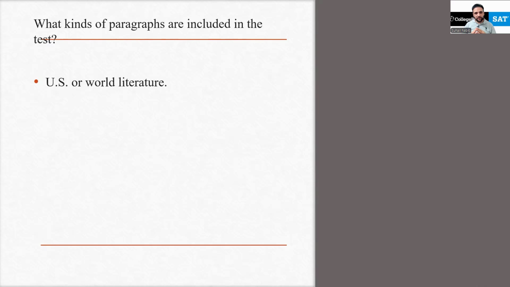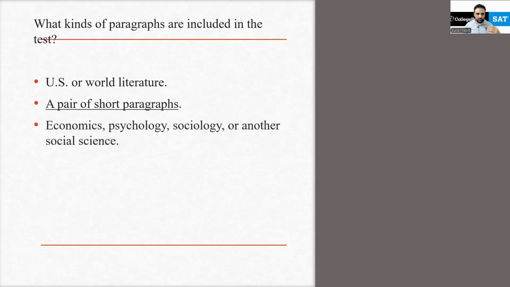So what kinds of paragraphs are included in the test? We have paragraphs that focus on literature. You might get some lines from a poem, or an excerpt from a novel. You will have a pair of short paragraphs that focus on the same topic. Usually the authors have different opinions about them, and you will have to answer a question that somehow connects the dots, either to show the differences in opinions or to show how the two paragraphs complete one another.